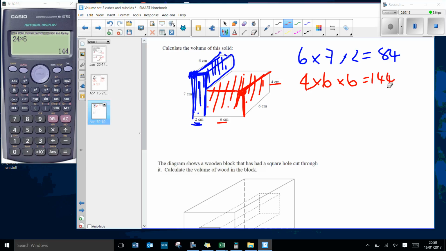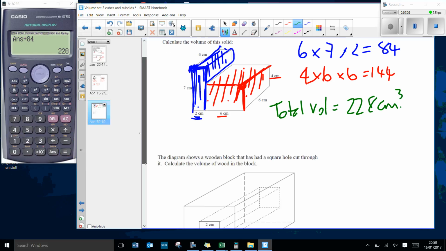And so our total volume is going to be those two numbers added together. So 144 plus 84 gives 228 centimeters cubed.